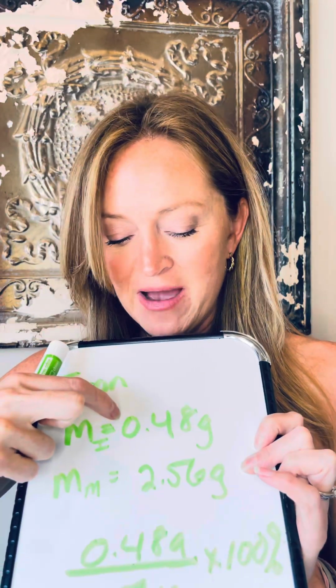So I'm gonna take my mass of my iron and divide it by my mass of my mixture and then multiply it by 100%, okay? That is going to give me my percent composition, okay? So in my case, it would be 19%, okay? So I'm saying that 19% of the mixture that I recovered was actually iron, okay?